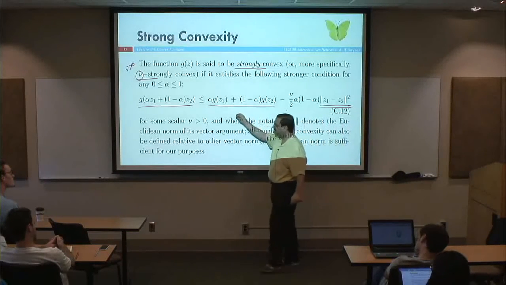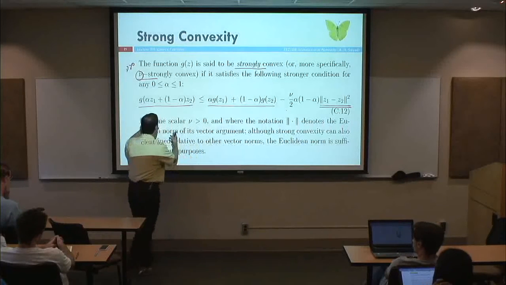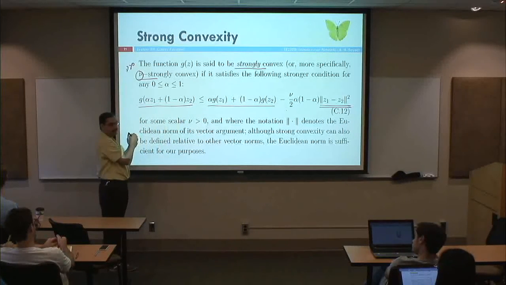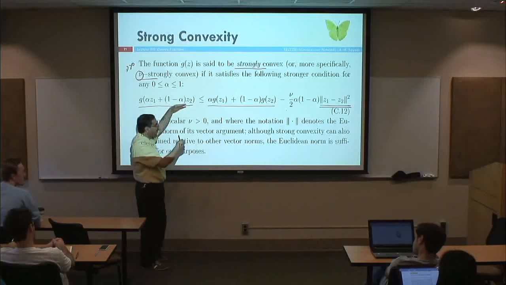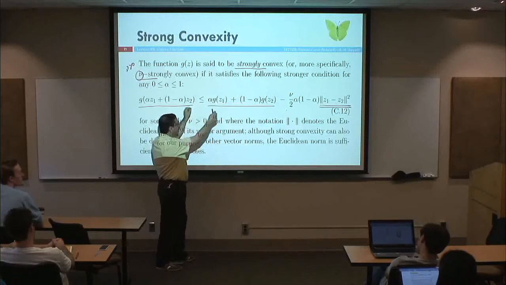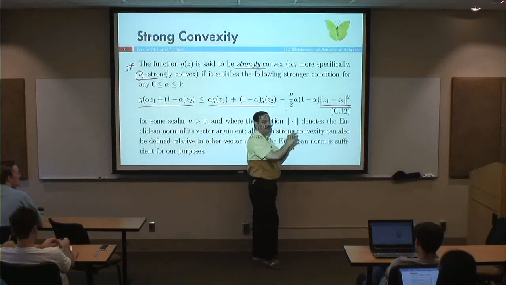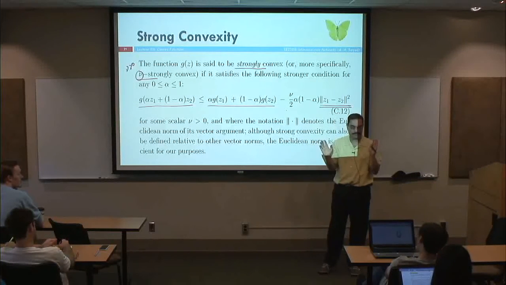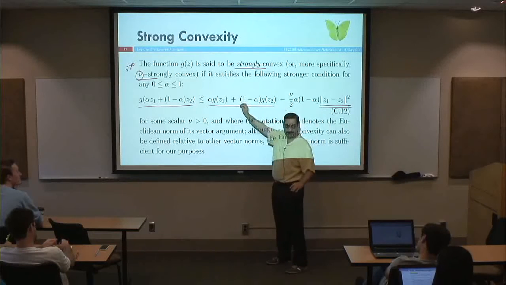What this is saying is, if I evaluate the function at any convex combination of the arguments, the value of the function at this point in between has to be below the segment connecting the endpoints, for any alpha, which means for any point you choose within that segment. So this is one way of defining it.